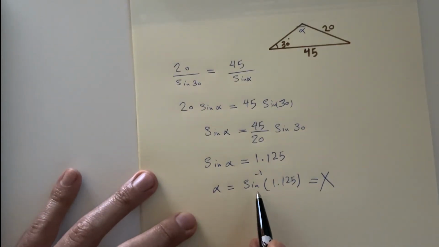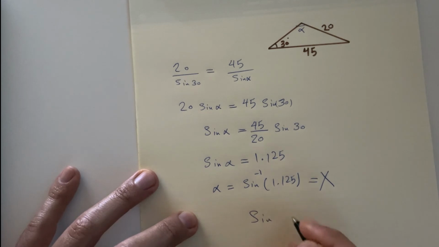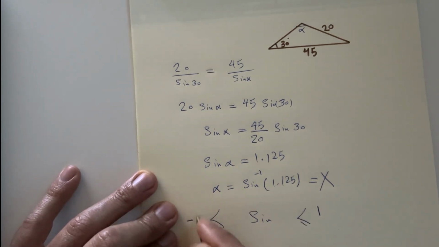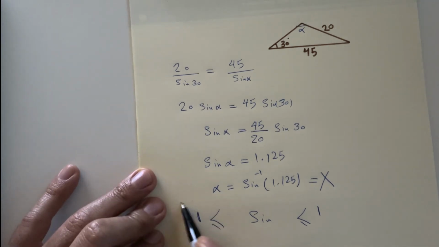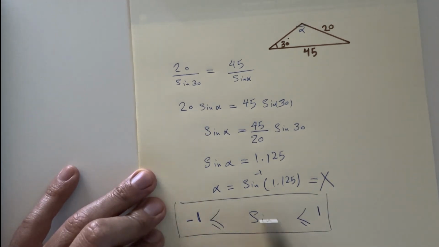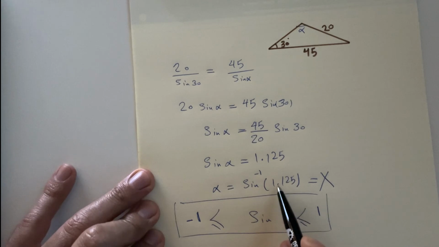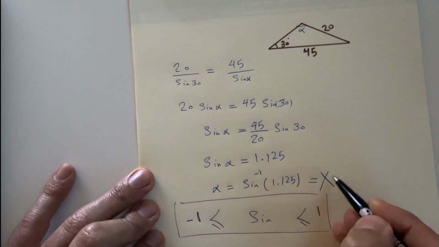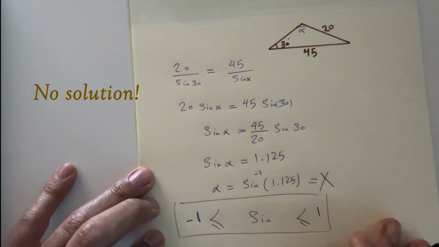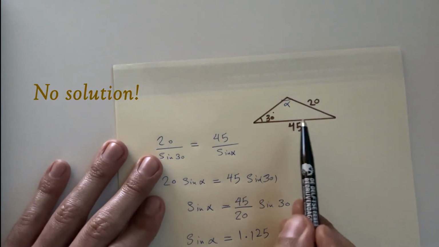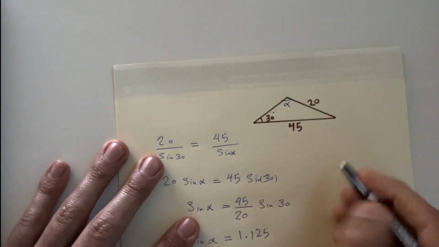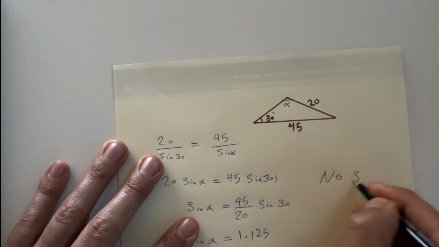Because, of course, the domain of sine is between 1 and -1. So we cannot have something larger than 1 or less than -1, which here we have 1.125. So there is no solution here. And this means we cannot have a triangle with this characteristic. So there is no solution.